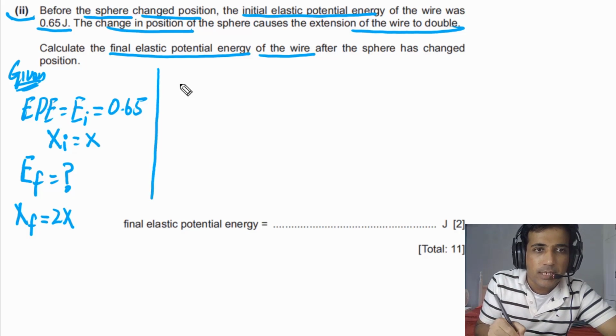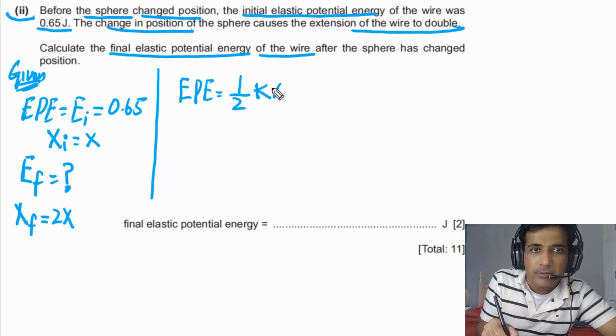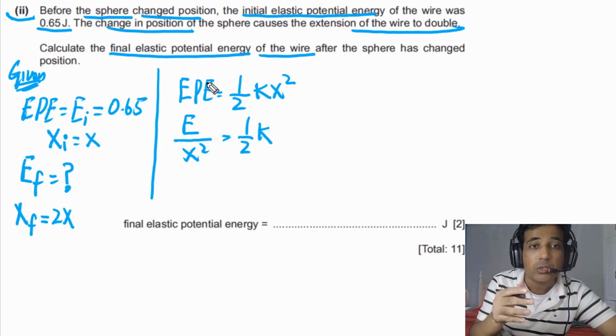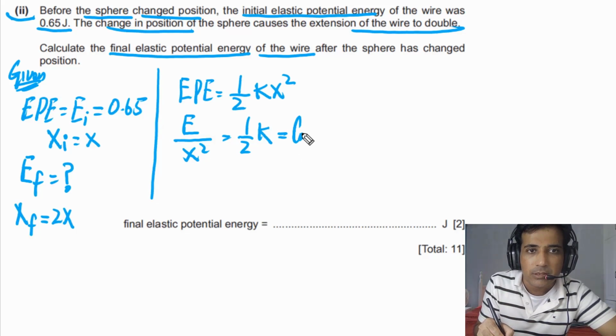Now we need to understand elastic potential energy. How we can calculate EPE, elastic potential energy. EPE is equal to 1/2 K times x squared. If we rearrange this one, EPE, we can say this is E, and if we divide this one by x squared, we also need to divide the other side by x squared. So simply we will get E over x squared equal to K by 2, and K is spring constant, and this is same for the same wire. So we are talking about the same wire, so we can say this is constant, equal to K by 2.